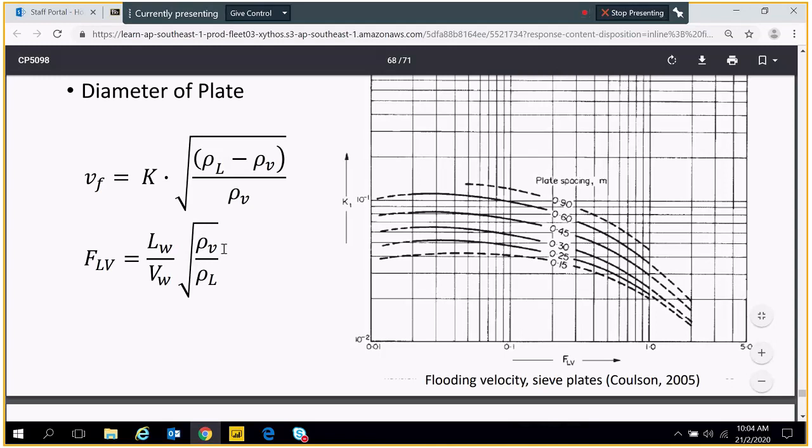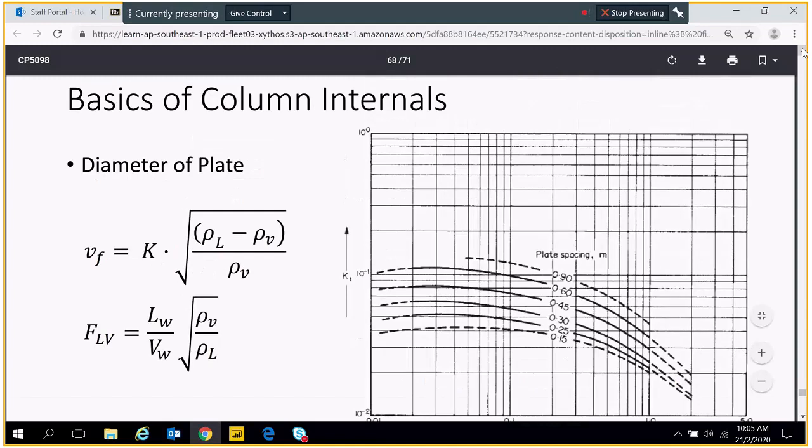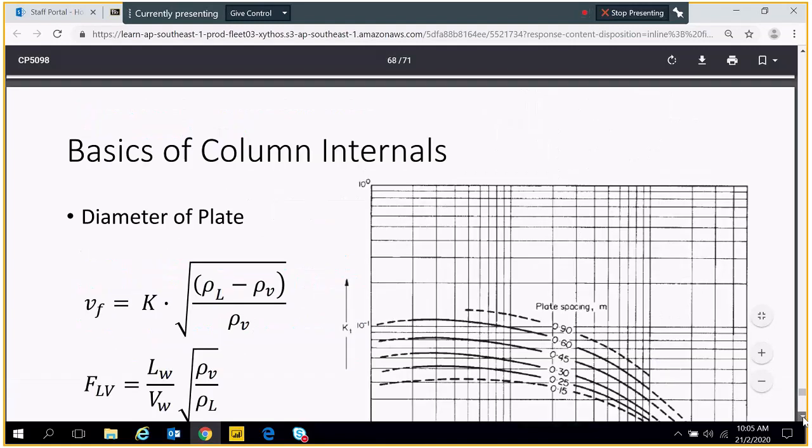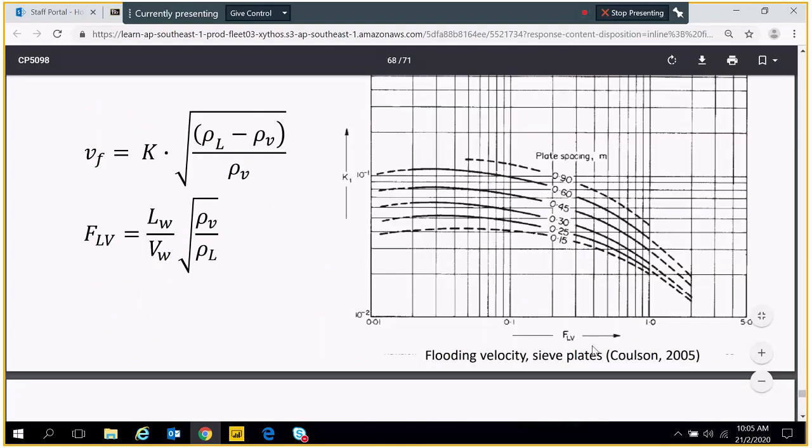Mass flow rate means kilogram per hour or kilogram per second. It doesn't matter, as long as it is kg per something. W for liquid, V for vapor. This is the density of vapor, kg per meter cube, and the density of liquid, kg per meter cube. Now this is a factor. K is the diameter of the plate. So the diameter of the plate, you can see here. All right, now how do you get the diameter of the plate? It's from here.